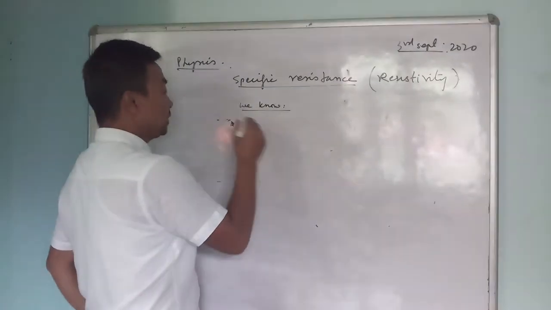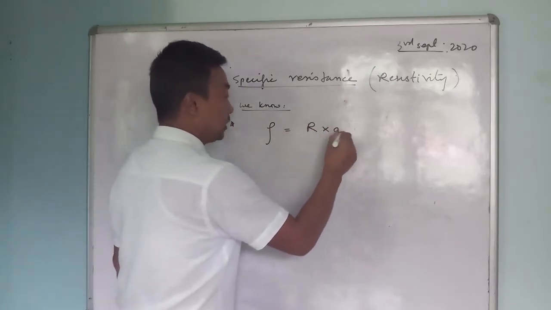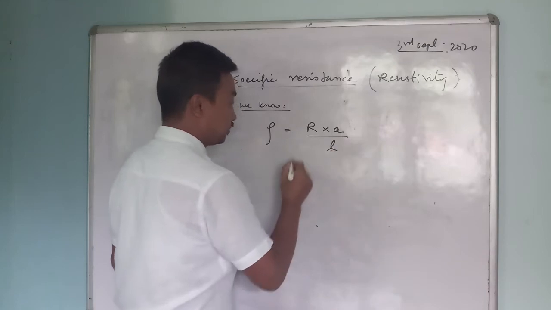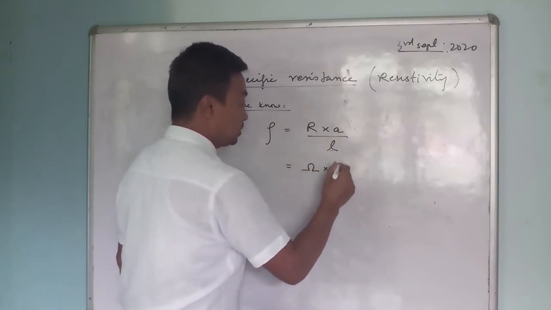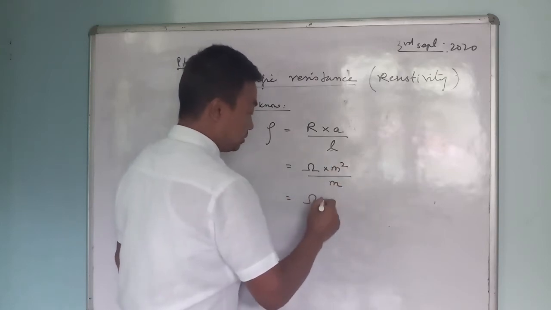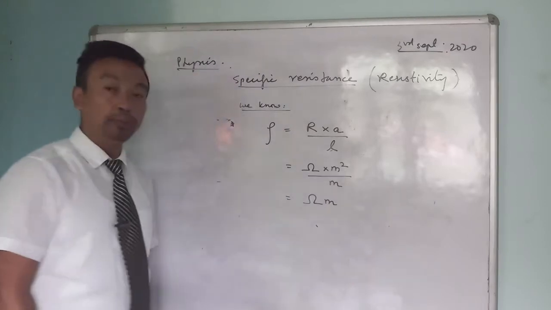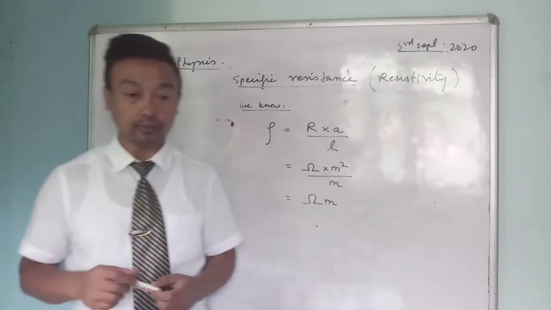If you look at the resistivity, we have just learned resistance into area by L. Resistance is ohm, area is meter square divided by meter, the meters cancel, and you will get ohm meter. The unit of resistivity is ohm meter.